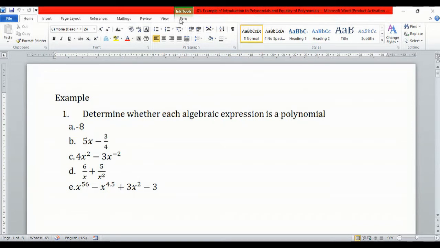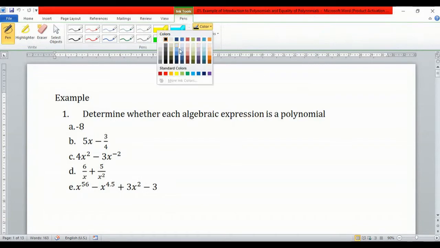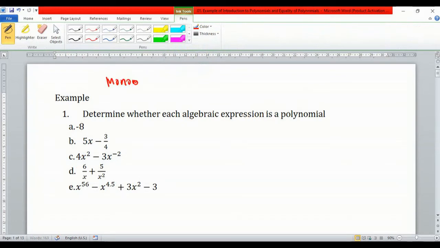Everyone remember that if it has just one term, we call it a monomial. A monomial is a member or element of polynomials.